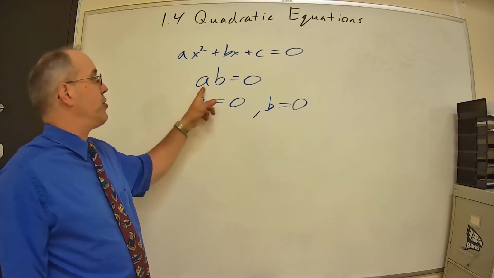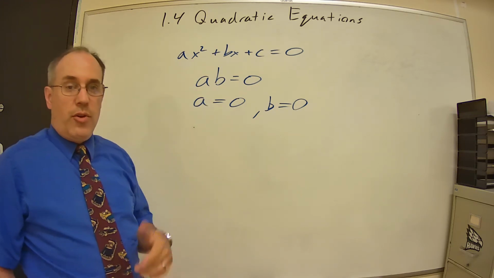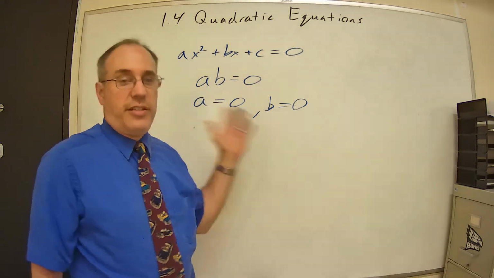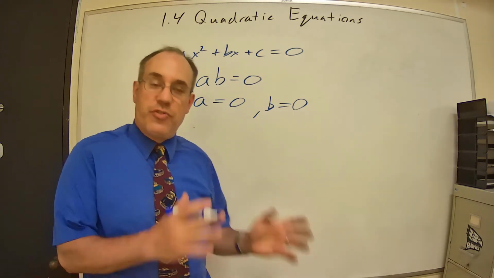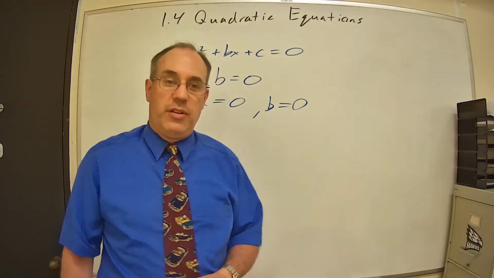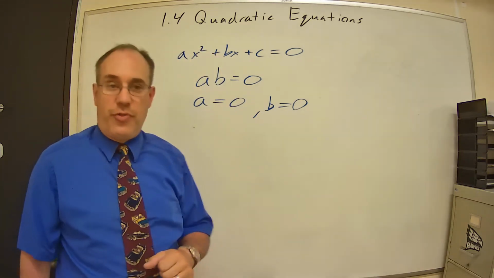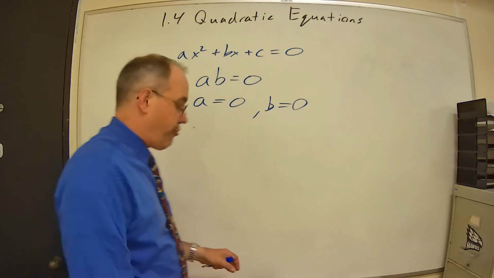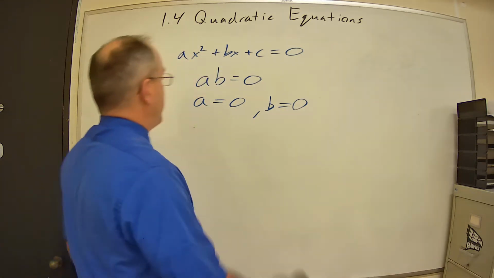So either a is equal to 0 or b is equal to 0. Which means that if we factor this, then we set each factor equal to 0, we can solve each of those to get our values for x. So that's our first method of solving quadratic equations.